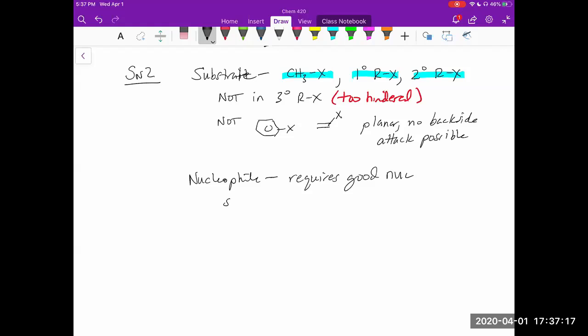These are species that have a large amount of electron density, where that electron density is not tightly held. So things that are super electronegative generally aren't great nucleophiles.